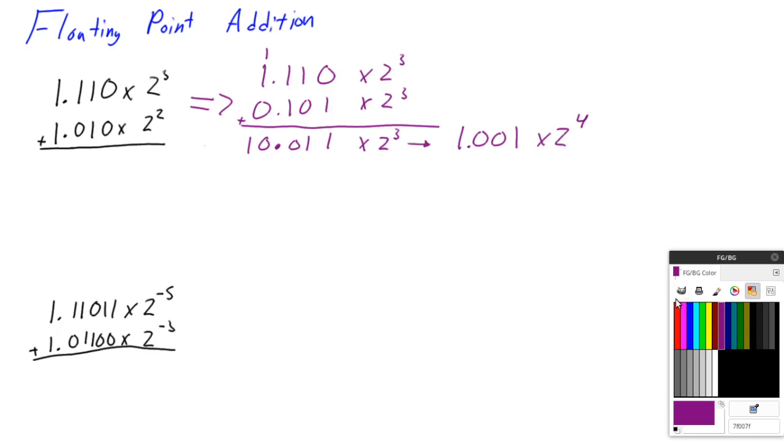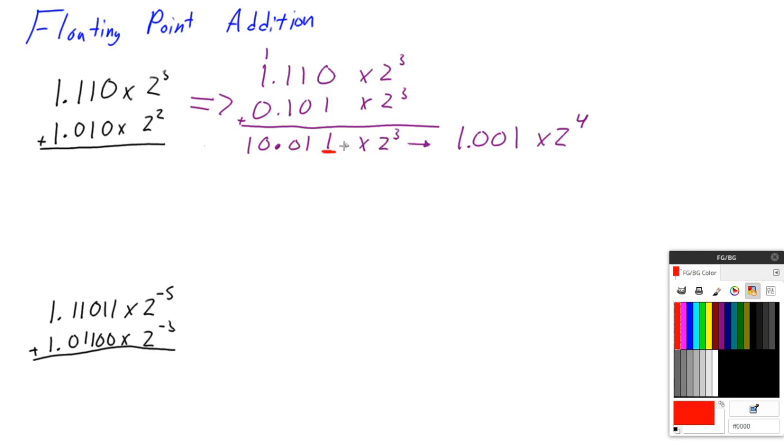Now, something to note is this 1 here, there wasn't any room to store it anymore, so it kind of got shifted off into oblivion. That's the thing that we have to deal with floating point numbers: in some cases, we have to sacrifice our exactness for some flexibility with how big our numbers can get.